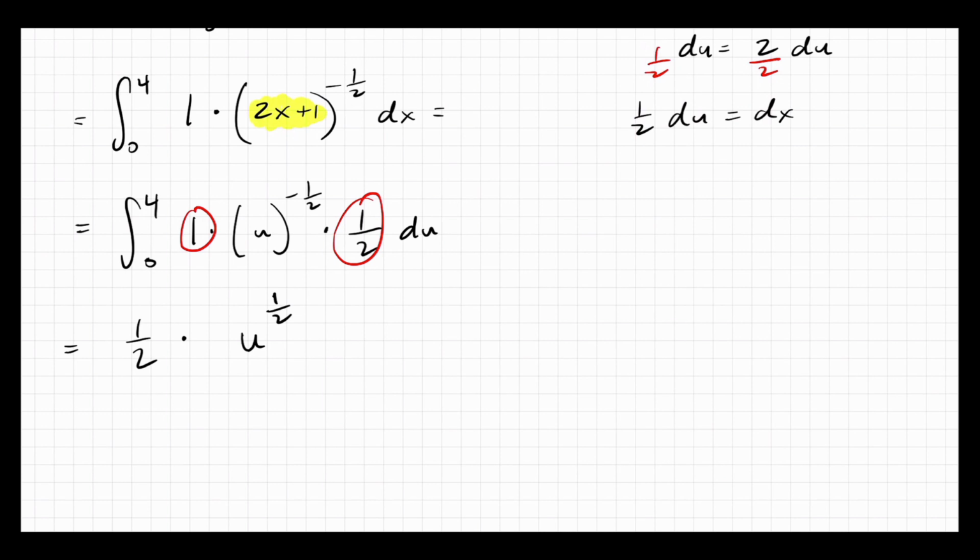Divide by 1/2. When you divide by 1/2, you're just multiplying by 2. And then evaluate it from 4 to 0. Well, 2 times 1/2 is just 1 whole. So I got to move back in my u. My u was 2x plus 1 to the 1/2, and I have to evaluate that from 4 to 0.